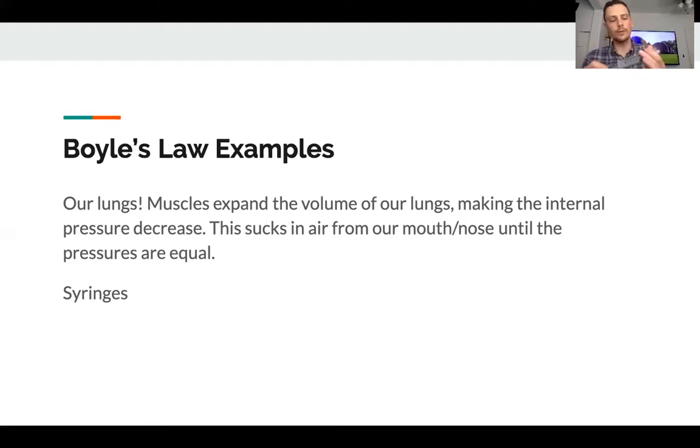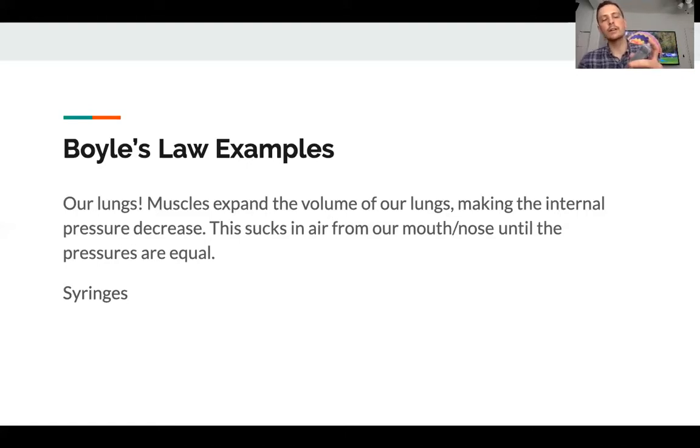If I cover that hole and then I try and push this together, I can do it to a certain extent, but then it gets really difficult because there's a lot of air pressure in here. I'm decreasing the volume, so the pressure is going up as I do that, right? If I let go, it gets shot backwards from that pressure. Or if I do it again and let go of my finger, you can see the gas escaped really quickly.